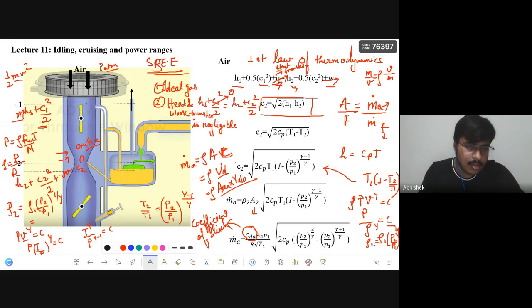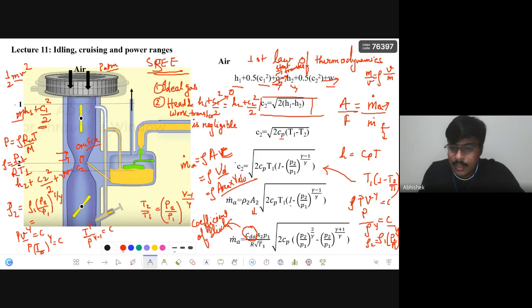Here it was the universal gas constant, Ru; Ru divided by the molecular mass is the gas constant. So P by RT is what I have substituted here. In place of rho 2, I have written rho 1 into P2 by P1 to the power 1 by gamma, and in place of that rho 1, I have written P1 by RT1.